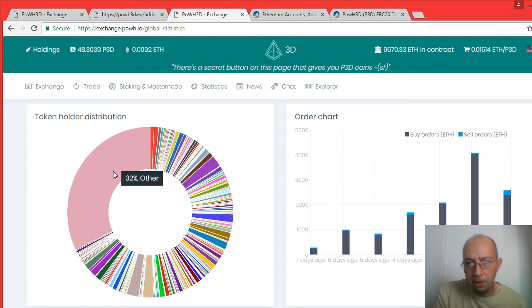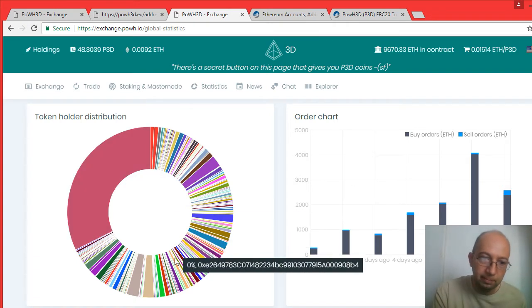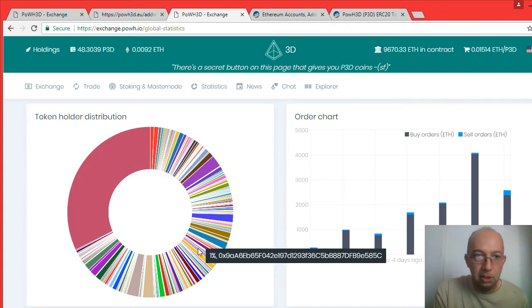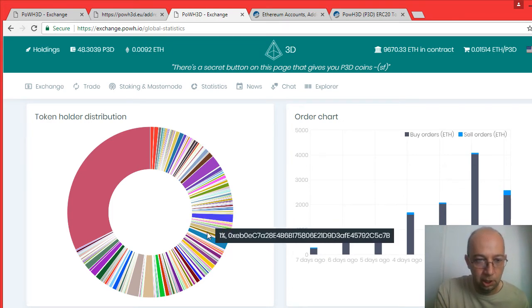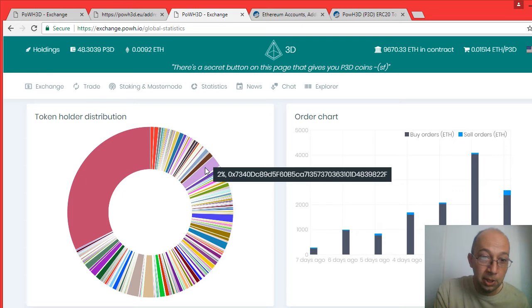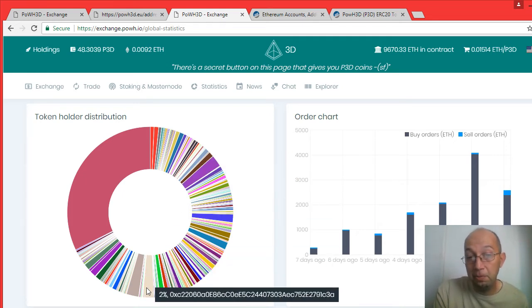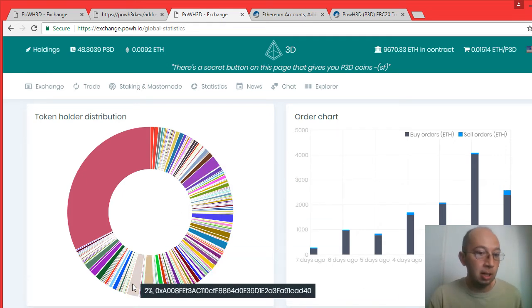So the point I was getting to is about the developers. They don't own much of the coin. A lot of them are these little 1% shares. Some of these 2% are whales that came along and bought in at that amount, because I witnessed the buy.